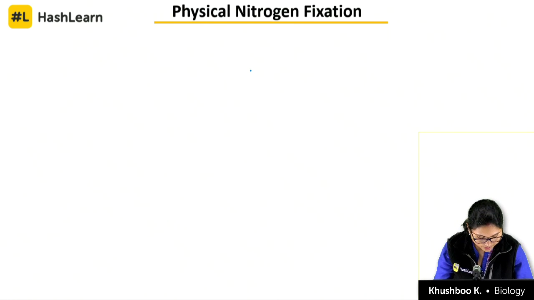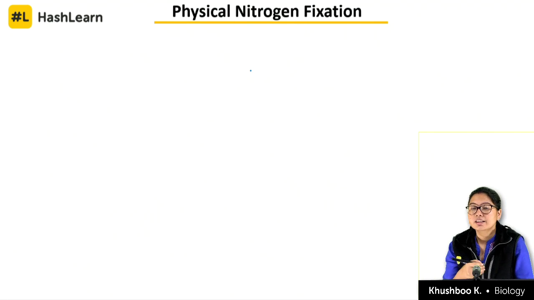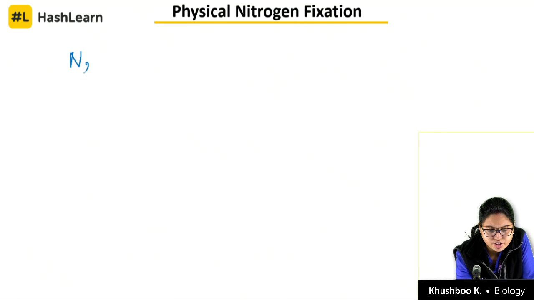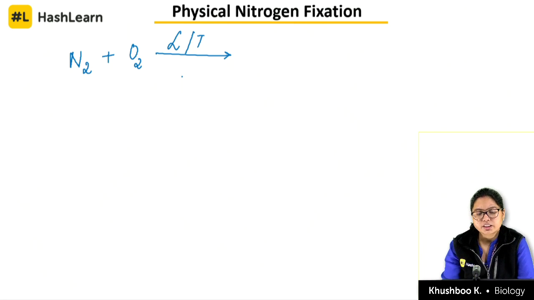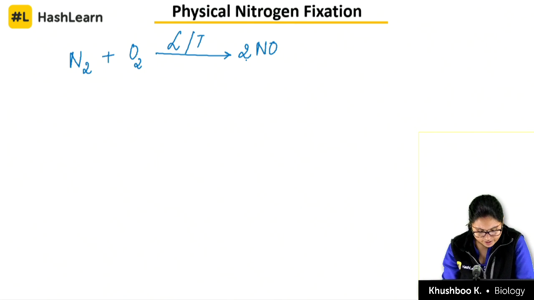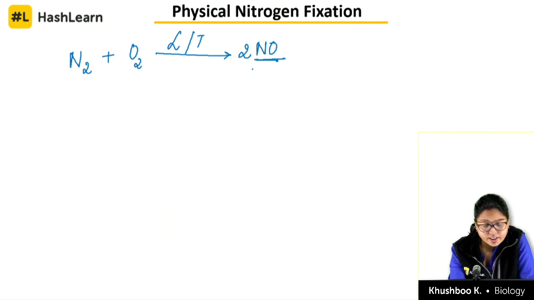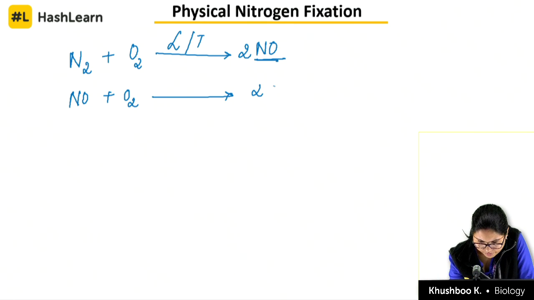Once there is lightning or rain, the lightning provides the energy for the fixation of nitrogen. Nitrogen needs to combine with oxygen, with lightning or thunder providing the energy, and this forms NO. This then reacts further with oxygen to form NO2, and this is an oxidation process.